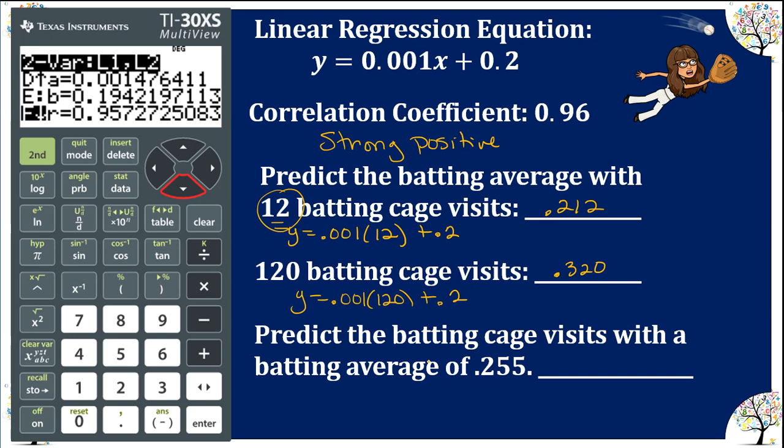Now we're going to predict the batting cage visits with a batting average of 0.255. So this time we're going to plug in something for the outcome and see what we have to put in to get the 0.255 batting average. I'm going to subtract out 0.2.